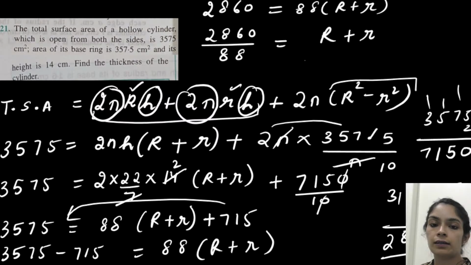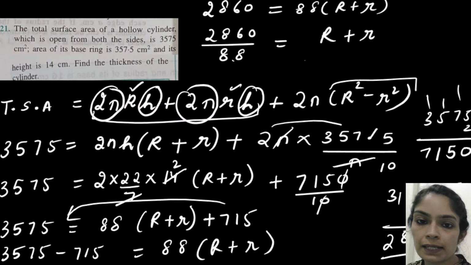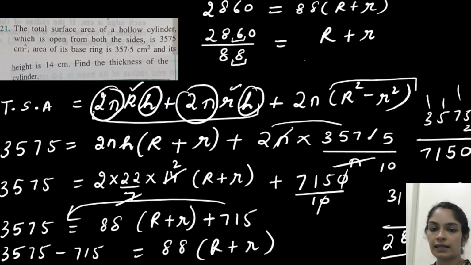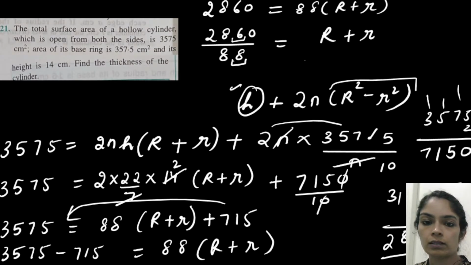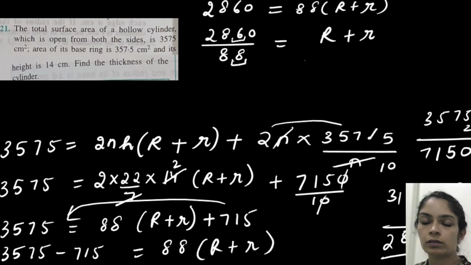So see here, the unit place digit is 8, and we see 0, we don't see 6 there. Just see 88 into 4. Multiply 88 into 4 and let me know. What is 88 into 4? No, 4 into 8 is 32 actually.